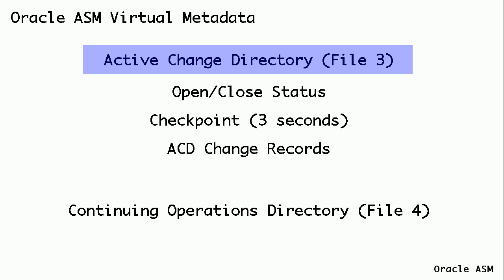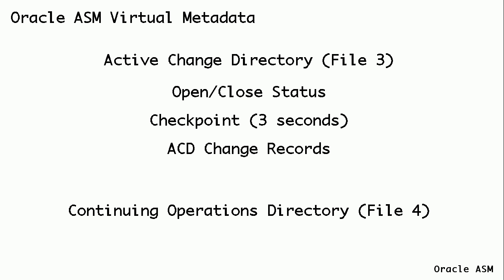It is a log maintained by Oracle ASM to track the changes made to ASM data structures. During ASM instance crash recovery, ASM uses the Active Change Directory to perform recovery. The Active Change Directory is very important for ASM metadata consistency.